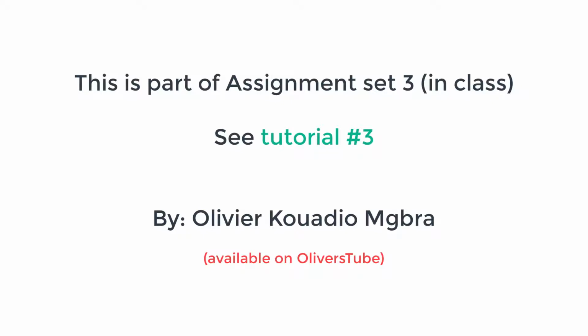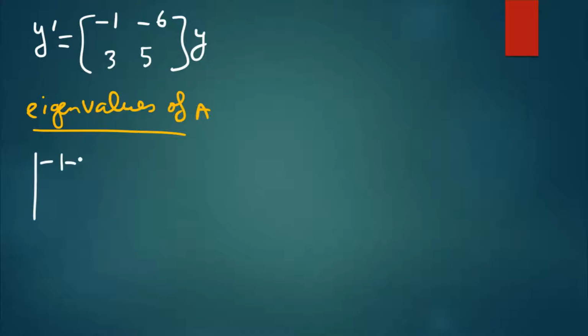Let's find the eigenvalues of the matrix A. We set the determinant of -1 minus lambda, 3, -6, and 5 minus lambda equals 0.